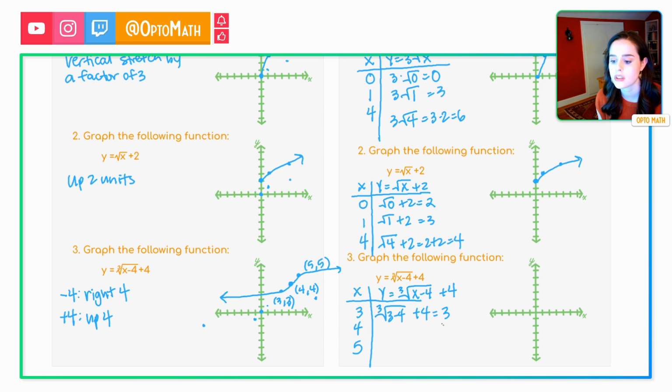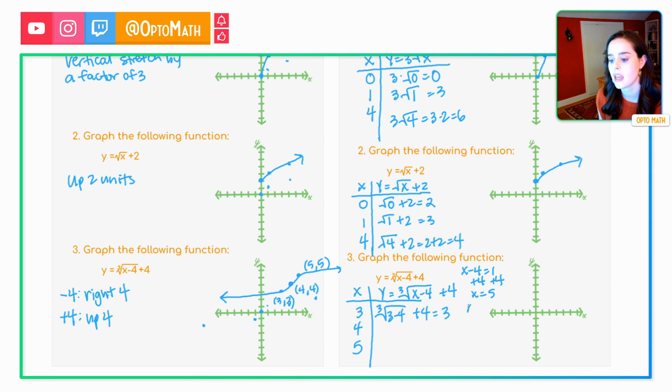So you could think, okay, what x value is going to give me a -1 and a 0 and a 1, since those would be nice numbers, right? The way to do that would be to say x minus 4 equals -1, to figure out what your x value would have to be. There's one of them.